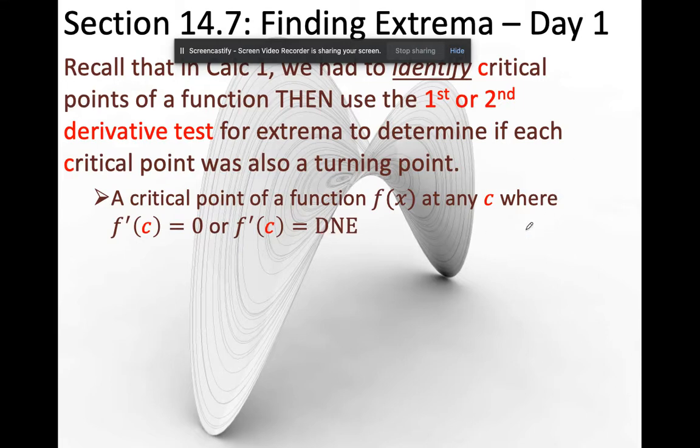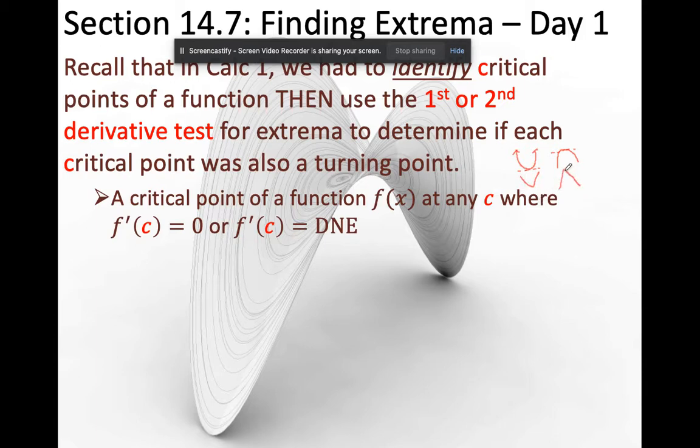So you were looking for places like where you had a turning point like this. So your first derivative was equal to 0. You had a min, you had a max. But you could also have the first derivative not exist and have a turning point.